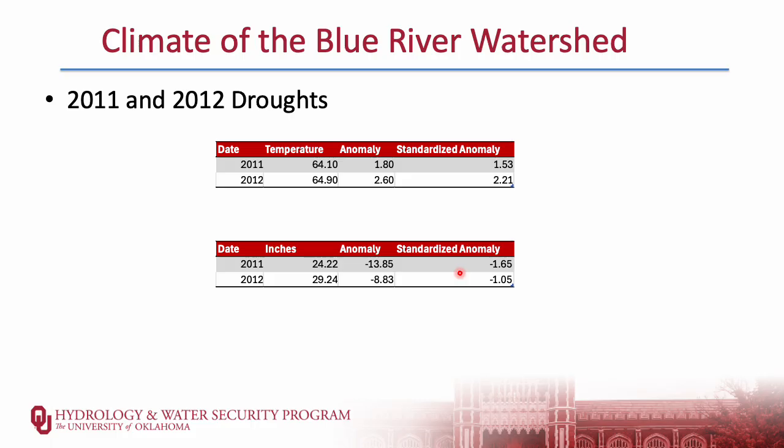The standardized anomaly for 2011 was negative 1.65 standard deviations below average, and 2012 was 1.05 below average, meaning both were pretty dry years in this region of Oklahoma. And not only were they dry, it was also very hot.